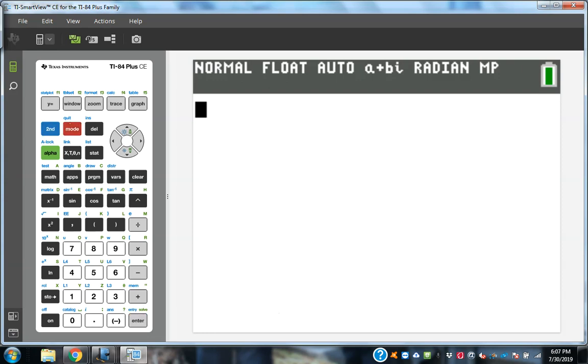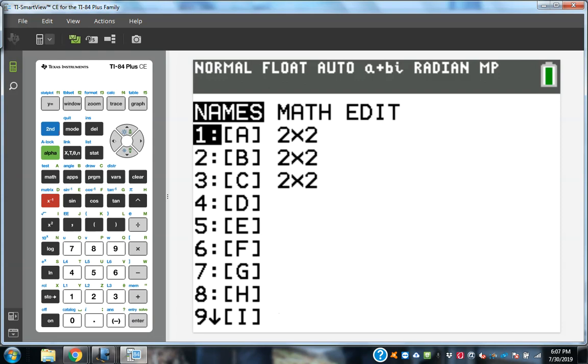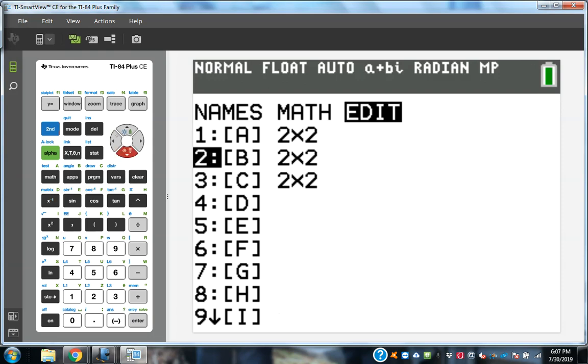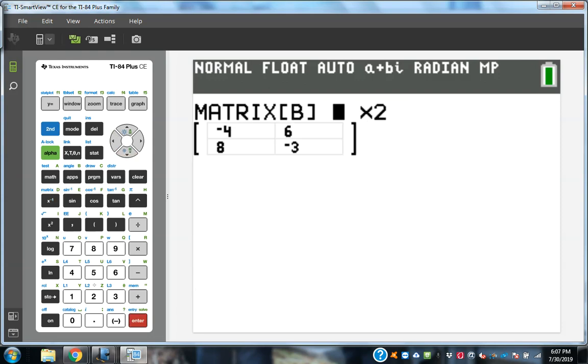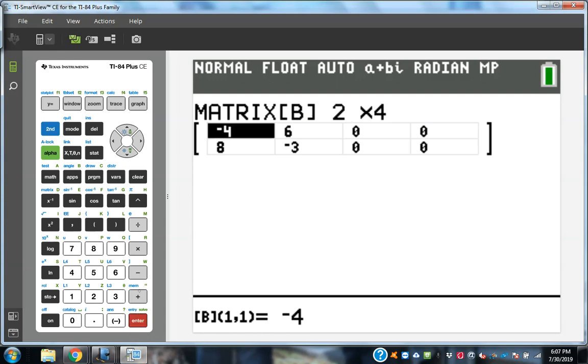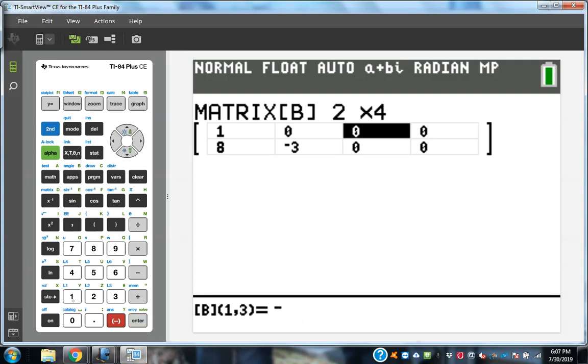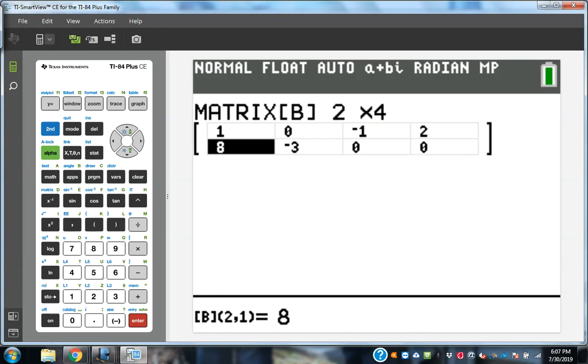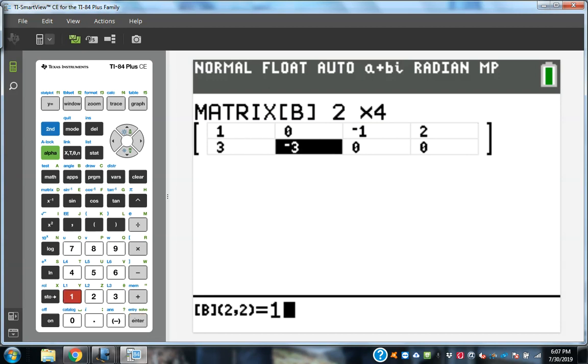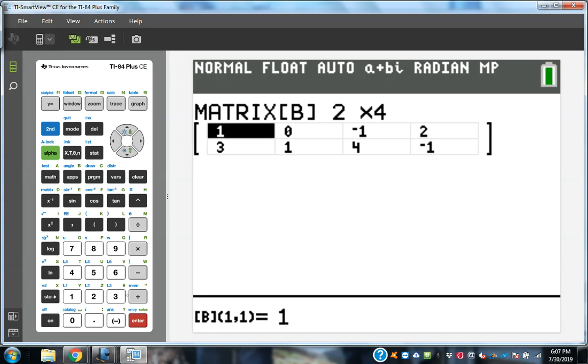Second, quit. Go back to the matrix, go to edit. I'm going to matrix B, and its size is 2 by 4. I'm going to put the one from my example. So 1, 0, -1, 2. In the second row, I've got a 3, 1, 4, and -1. 2 by 4. It's the right size.